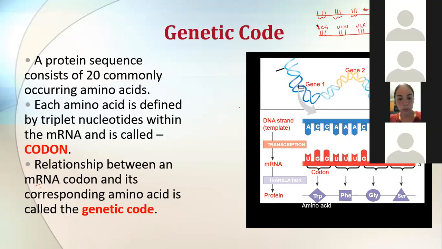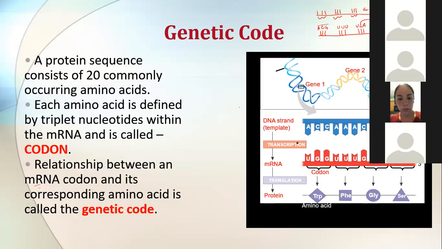Any three base pairs is called a codon. The cell reads three base pairs together, so it can only read the codon. It does not read individual nucleotides. It reads codons. And inside the genetic code, we have a meaning for each codon.